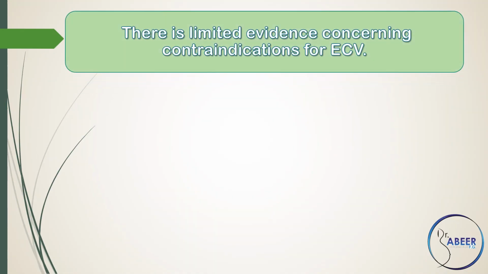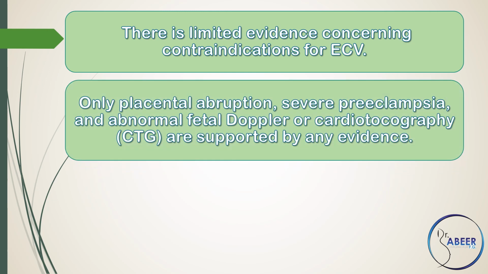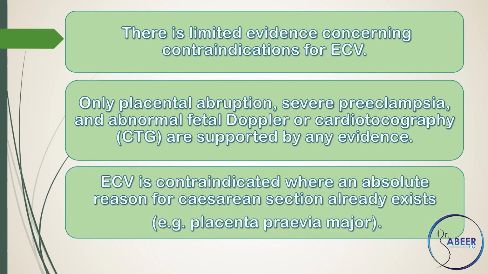There is limited evidence concerning contraindications for external cephalic version. Only placental abruption, severe preeclampsia, and abnormal fetal Doppler or cardiotocography, or CTG, are supported by any evidence. ECV is contraindicated where an absolute reason for cesarean section already exists, for example, placenta previa major.